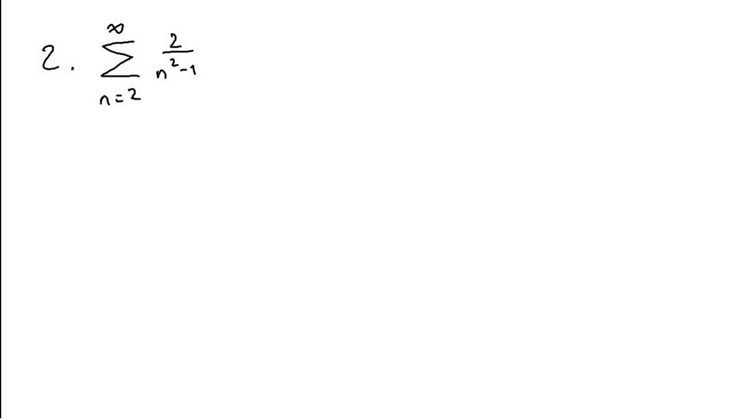Now believe it or not, this is actually a telescoping series, because we have to first change the series. If we break the denominator n squared minus 1 into two linear factors, we'll get 2 over n plus 1 times n minus 1.